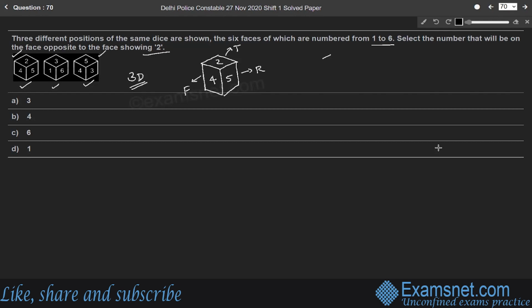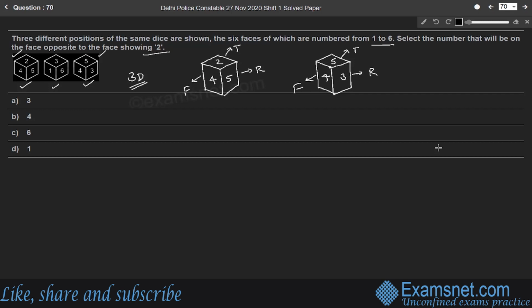In the third position, 5 is on the top and 3 is on the right. 4 is in the front. So compare these two.